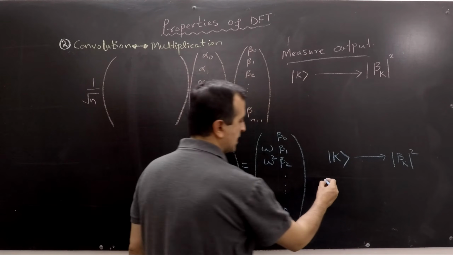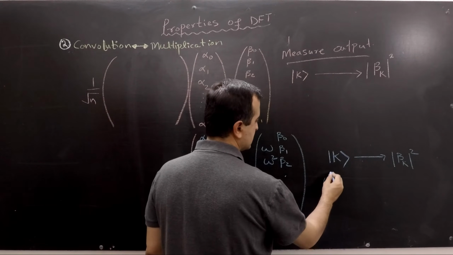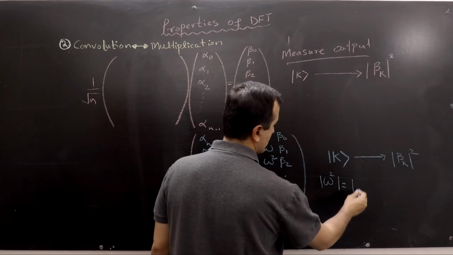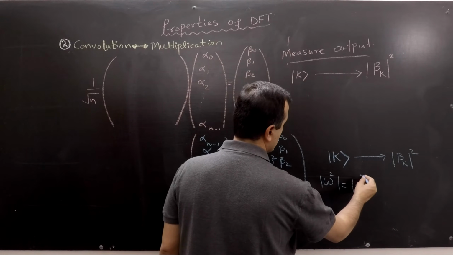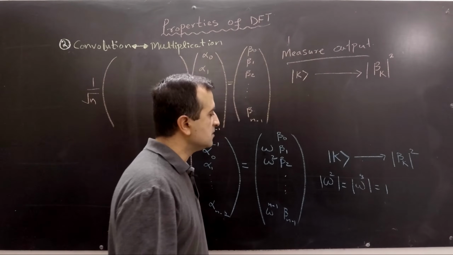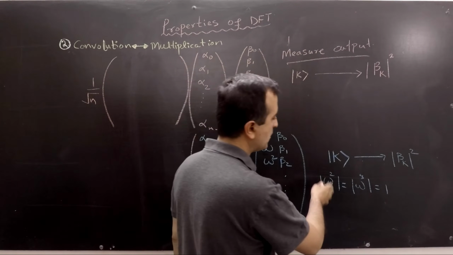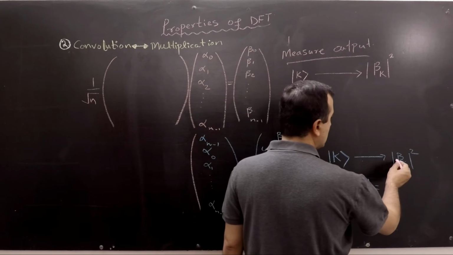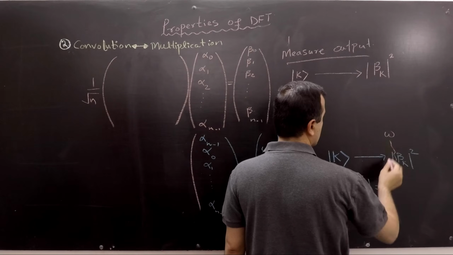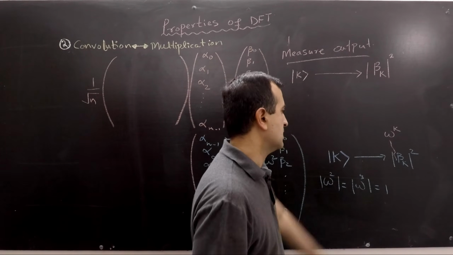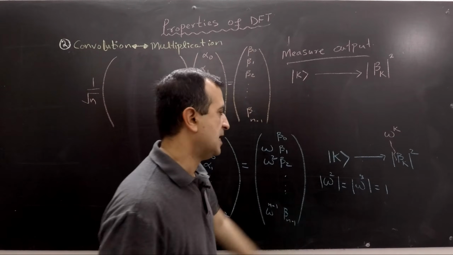So the magnitude of omega square or omega or omega cube is equal to 1. Because the magnitude of all the powers of omega is equal to 1, I don't have to write omega^k here. I can just ignore it because it's going to be 1 anyway.